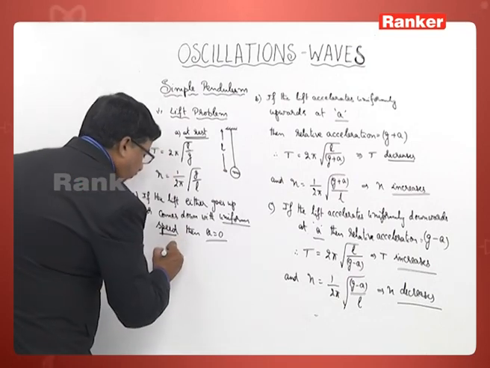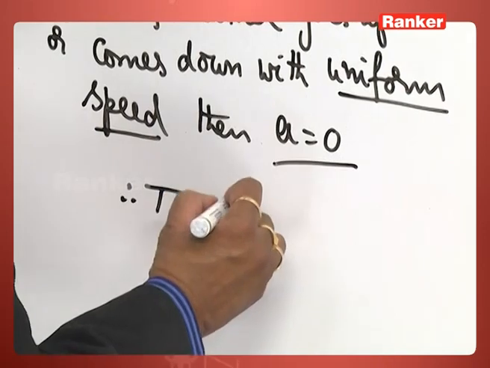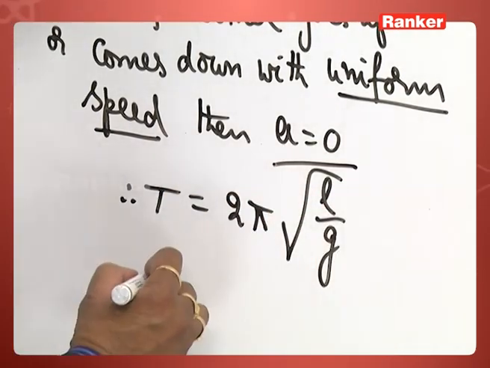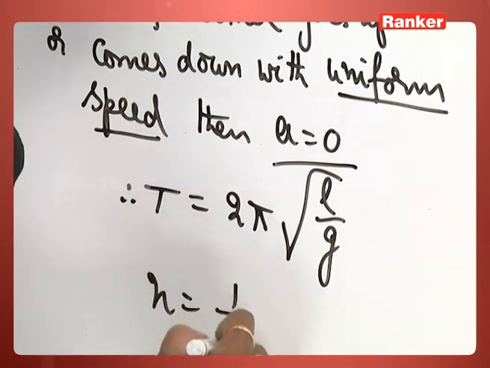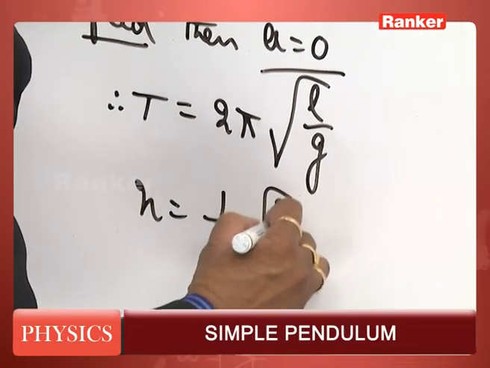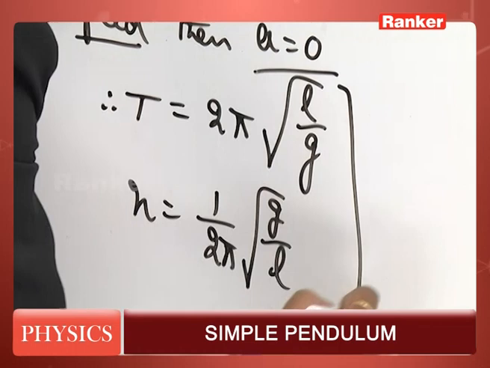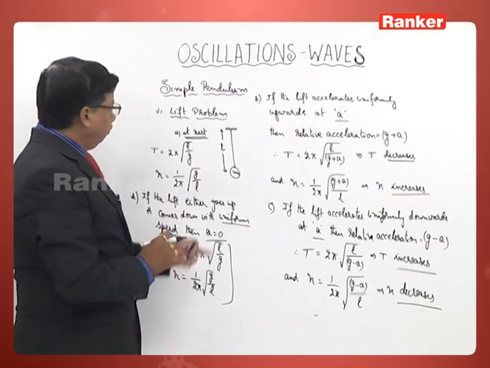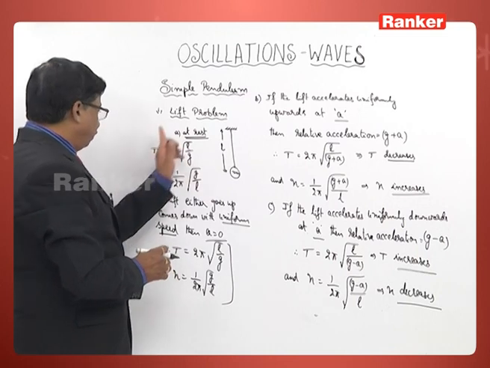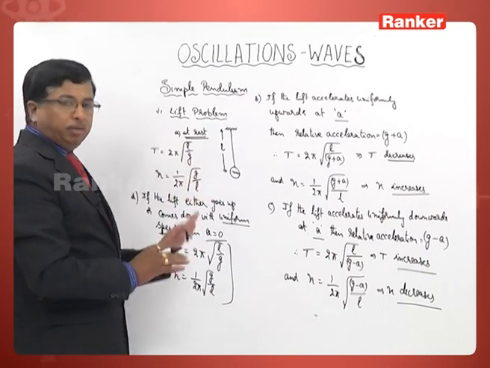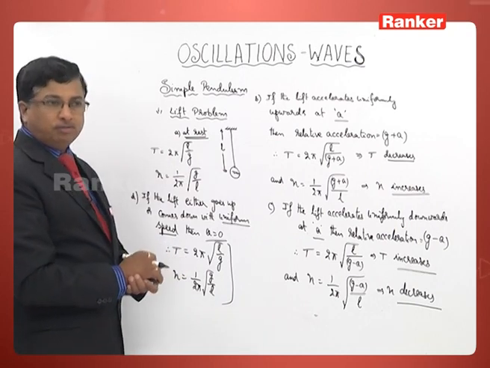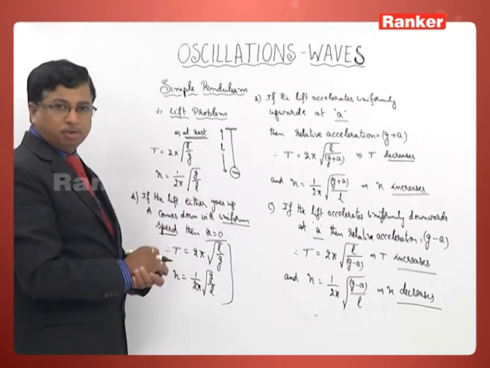Therefore, the value of time period will be as it is, 2 pi under root L by g, and frequency 1 by 2 pi under root g by L. There will be no change as far as these two values are concerned. So, one should remember under two conditions, there will not be any change either in the time period or in its frequency. That is a point one has to remember.